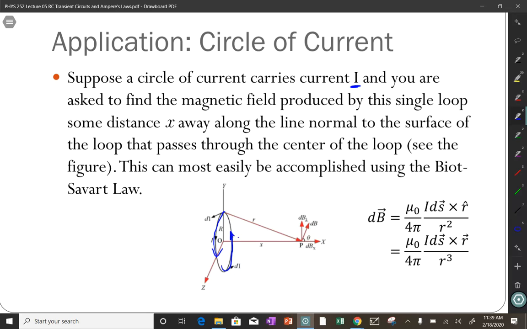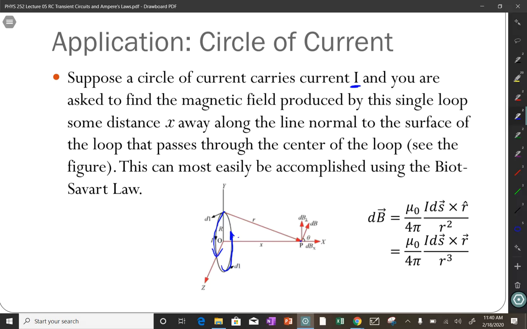Okay. So if you were to look down at it from point P, it would be going counterclockwise. And then we're going to find the magnetic field at some point P, a distance x away from the center of the circle along that symmetry axis. So that's our job. We're looking for the magnetic field at point P.